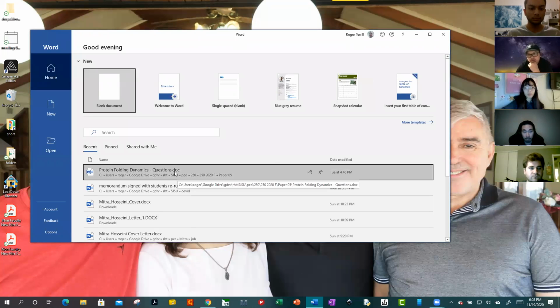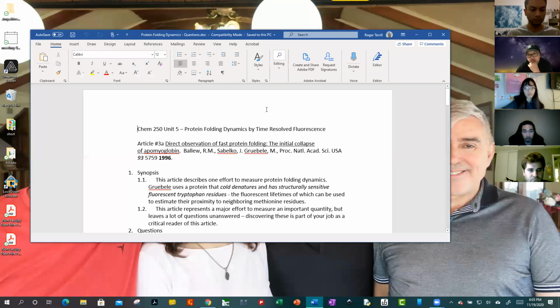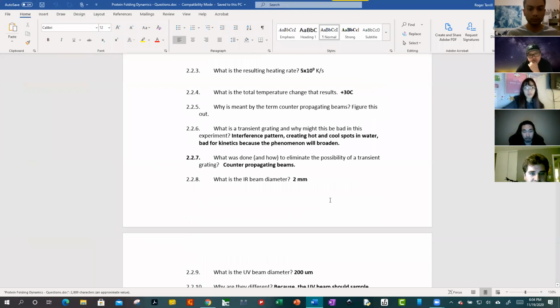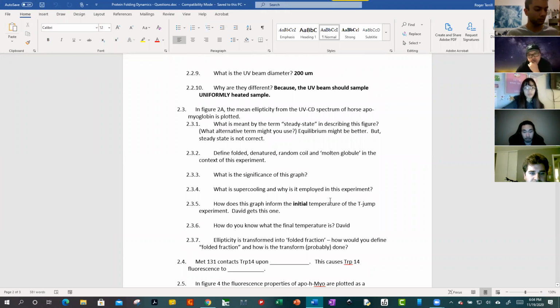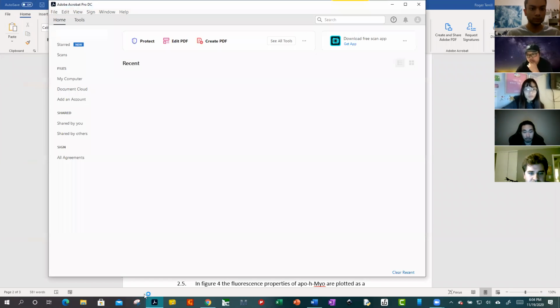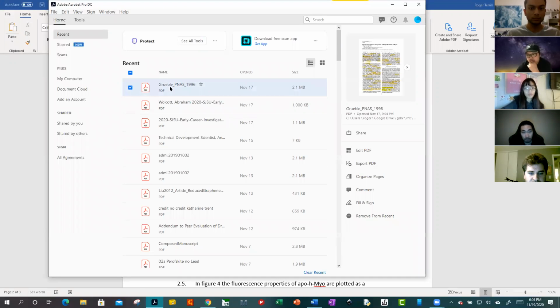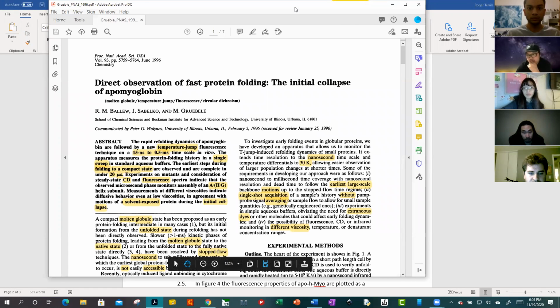So, protein folding dynamics questions. And let's see, where did we get to here? I've got to find the Greubele peanuts. There we go.